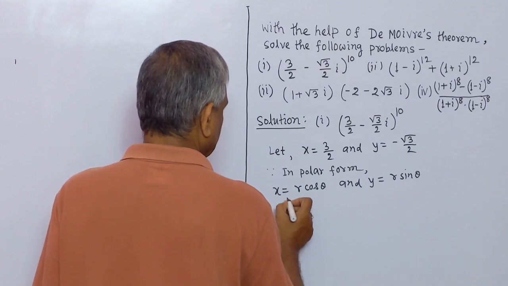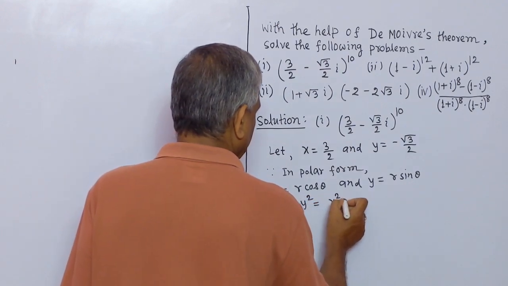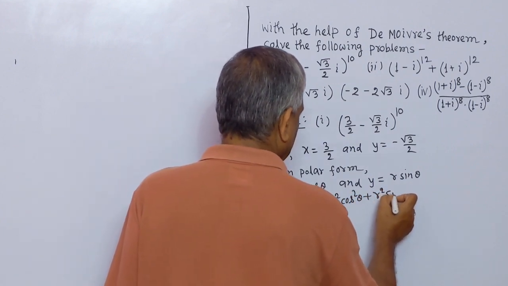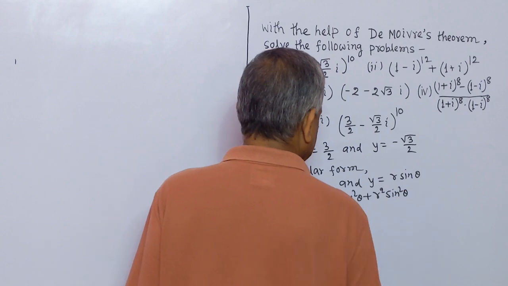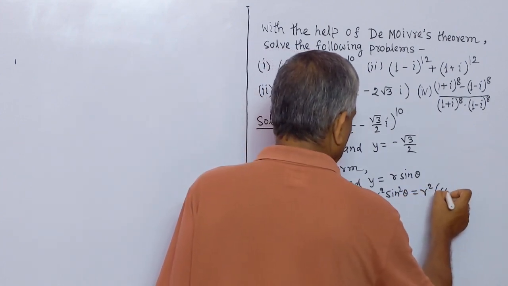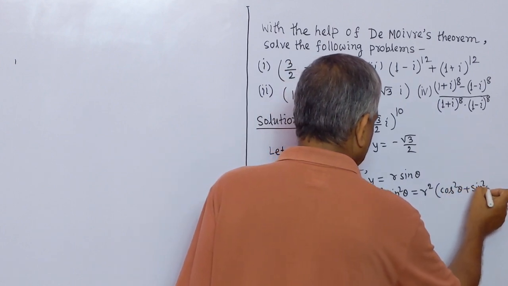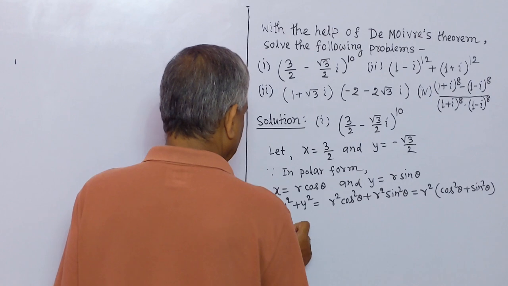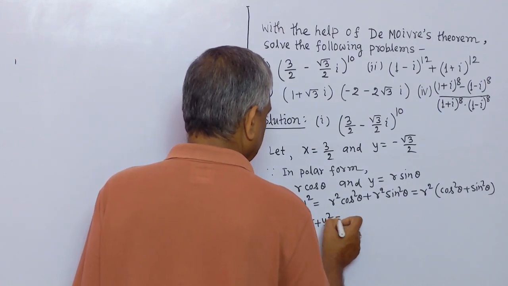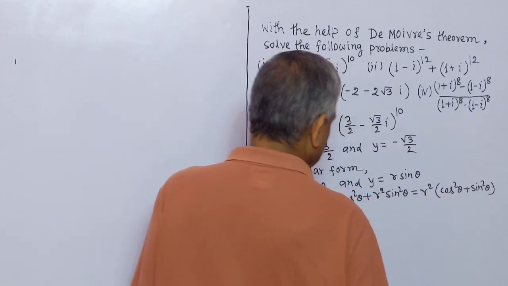implies that x square plus y square equal to r square cos square theta plus r square sin square theta, equal to r square times cos square theta plus sin square theta, and cos square theta plus sin square theta equals 1.